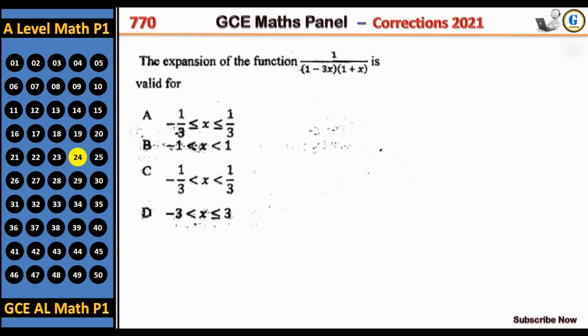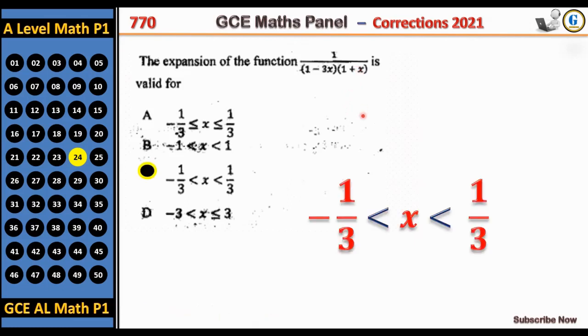24. The expansion of the function that is valid for. So this expansion is valid if the absolute value of 3x is less than 1 and the absolute value of x here is less than 1. So we have two conditions, but you see that for the absolute value of x to be less than 1, we have from minus 1 to plus 1.